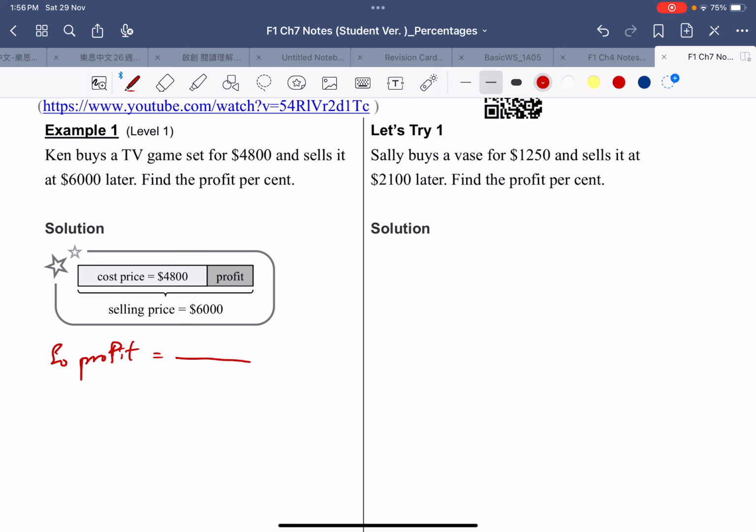What's your profit? It is 6,000 minus the cost price, and then divide by cost price, and then times 100%, and this will give you the percentage profit. What is it? 25%. You earn 25% of it.